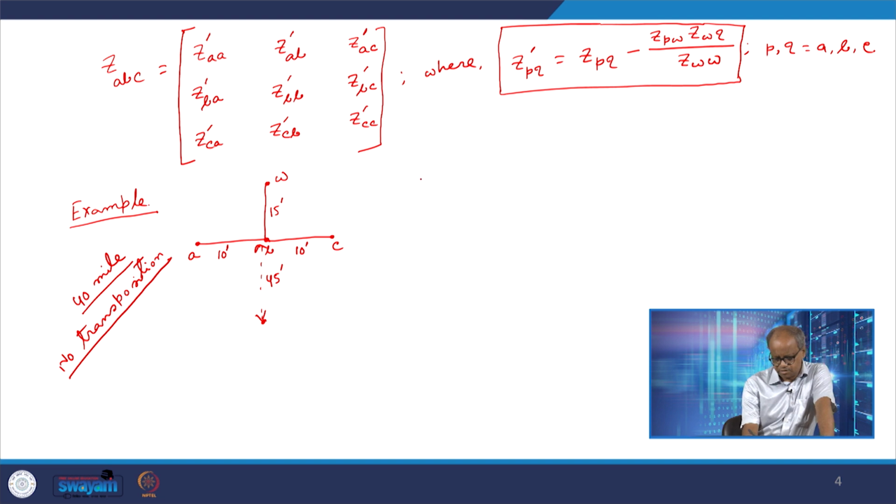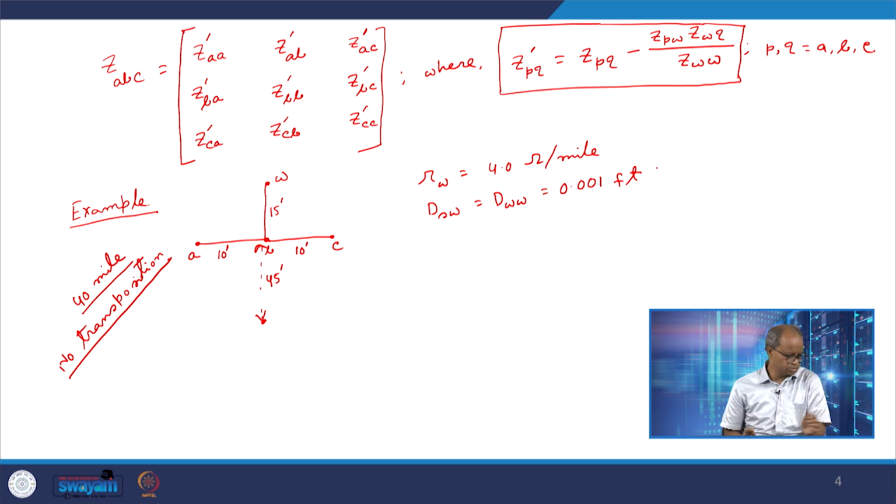The extra data is that Rw is 4.0 ohm per mile, and dSw is equal to dWw is equal to 0.001 feet. So that's what we know.